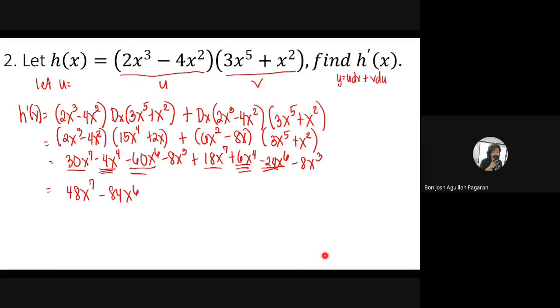Mali ba ako? Mamaya ako na tignan. This will be plus 2x to the fourth power and then minus 16, 1, 2, 3, 4 at saka ito, 16x cubed. That's the derivative.